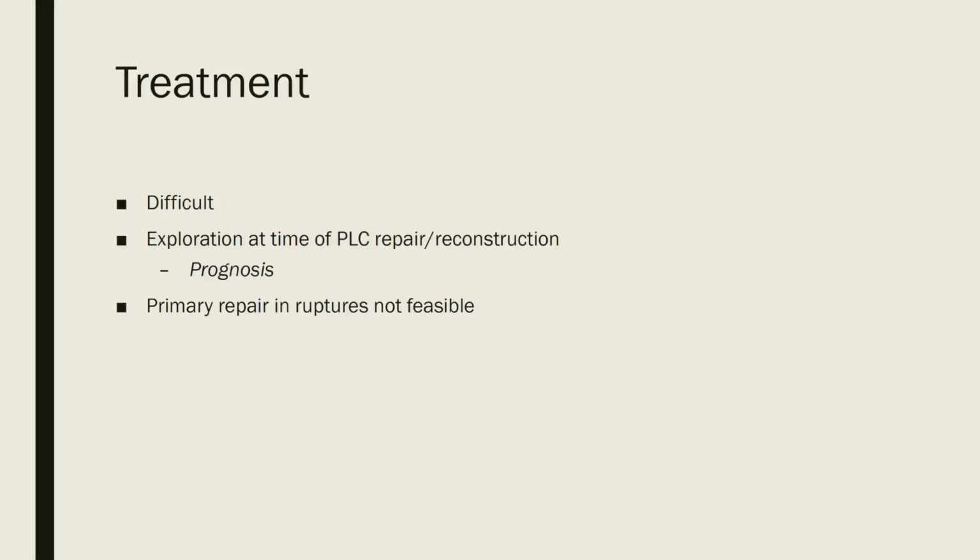And the treatment is difficult, so it seems like a good idea to explore it at the time of PCL, posterolateral corner repair and reconstruction. And as I said earlier, all the ones that did have a nerve injury had this problem. So you're going to go in and repair your PLC. So at the time you can look at your nerve and come up with a prognosis. And the primary repair of the ruptured nerve is not really feasible because of the extensive injury and not really having nice ends to repair.